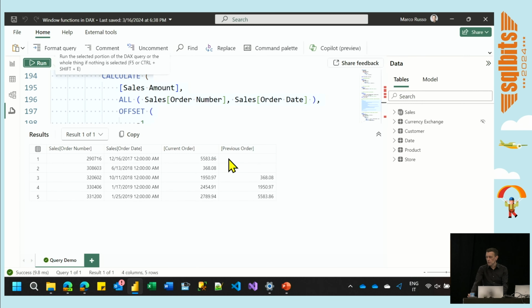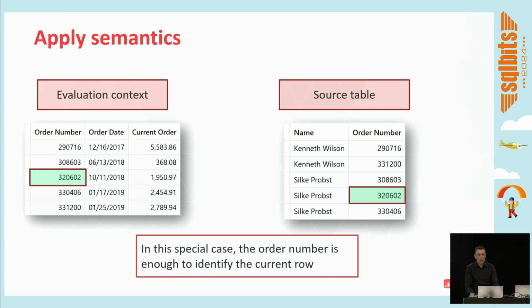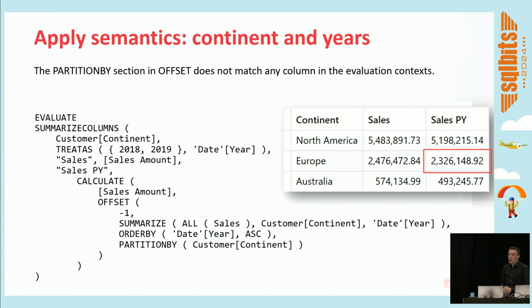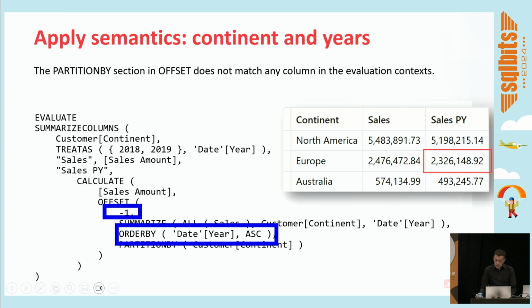That was easy. What happens, though, if we have a case where we have the previous year? So you see that I'm getting the previous year, minus 1 year, but I don't have the year in the visual.